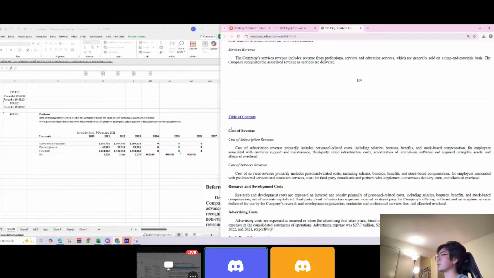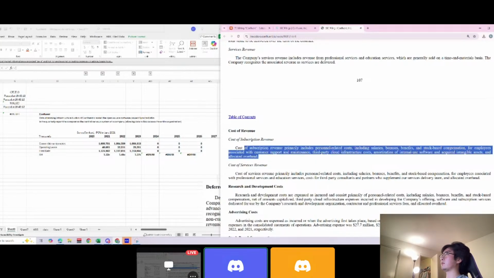Personnel-related costs: salaries, bonuses, benefits, stock-based comp for employees associated with customer support and maintenance, third-party cloud infrastructure costs, amortization of internal-use software and acquired intangible assets, okay, and allocated overhead.